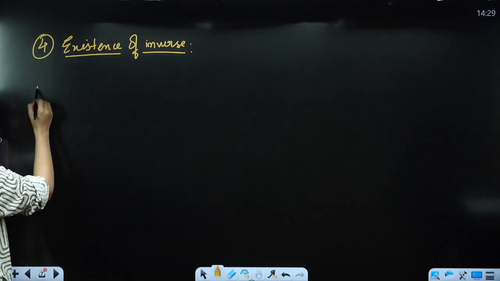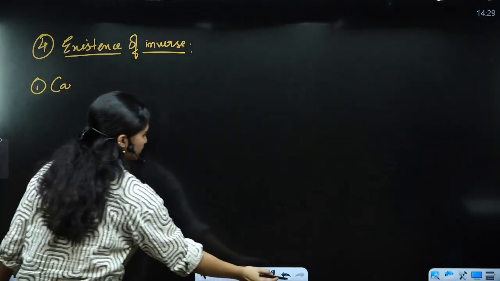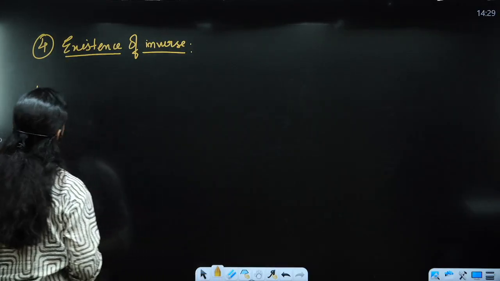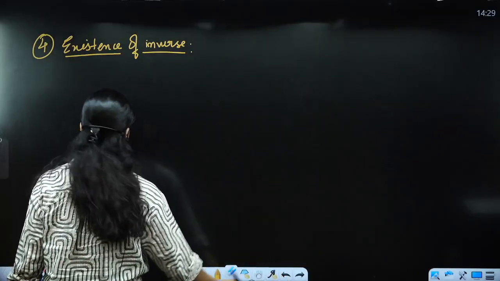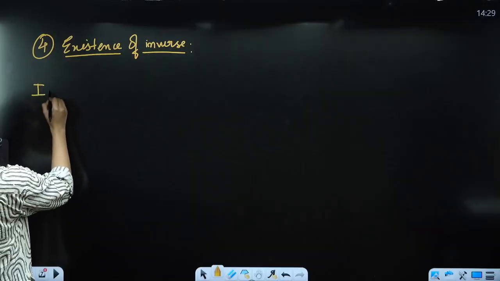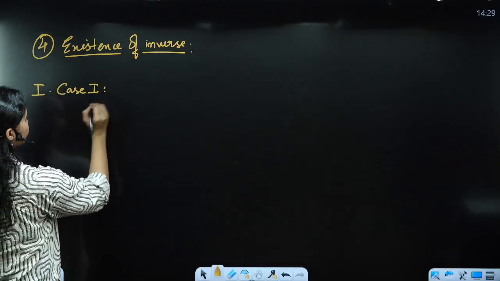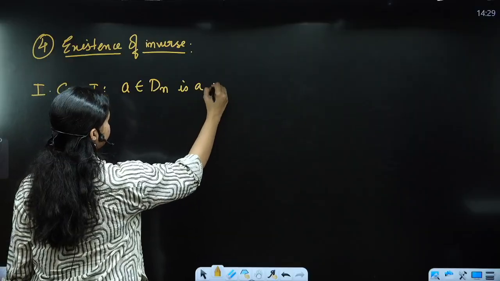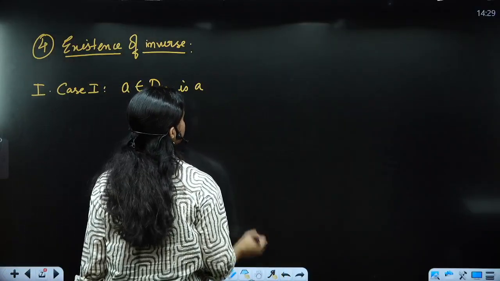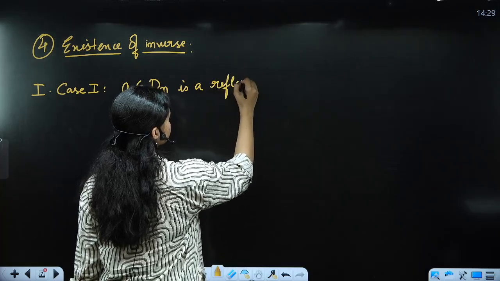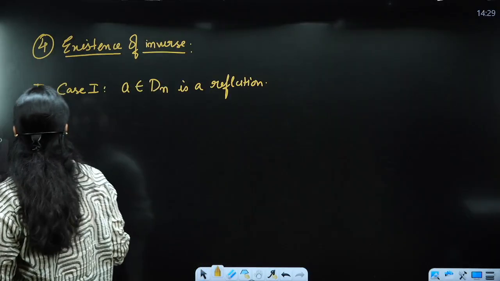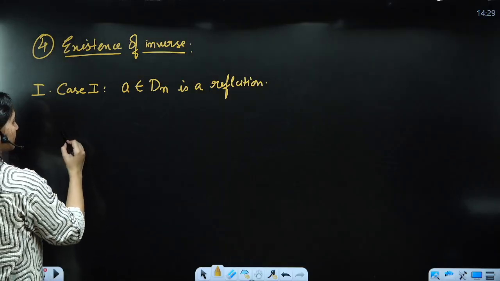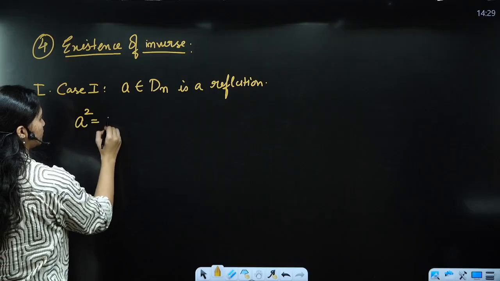Let's say this is case 1, A belongs to Dn is a reflection. Now, if A is a reflection, that means A square equals R naught, right?